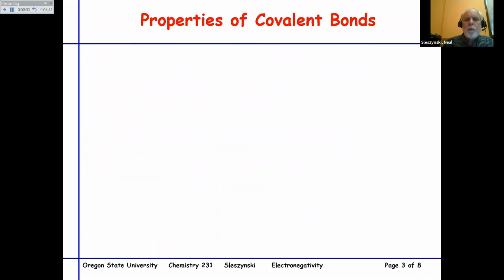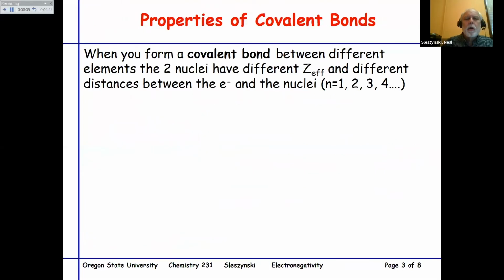Well, if we talk about the property of covalent bonds, what we're talking about is a bond that's formed between elements that have two different nuclei, and those nuclei have different Z effective. All right, so if you have trouble remembering what Z effective is from previous tutorials, I suggest that you go back and review that concept.